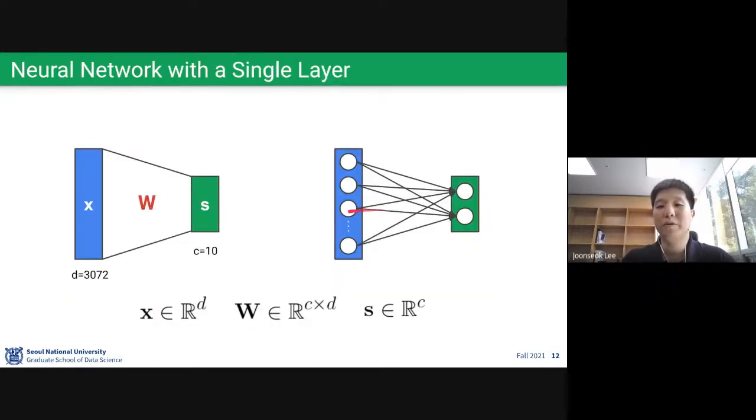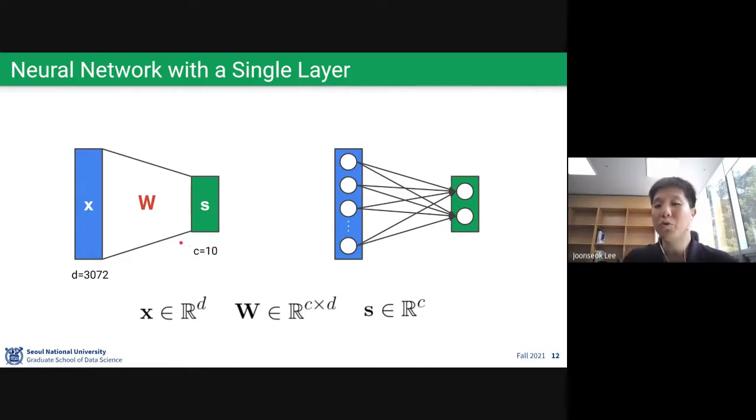And we denote this in these kinds of forms. Suppose we have an input vector x. For example, its dimensionality is 3072, which is the image size. And we have the weights, which map this x to the number of classes or the output size, which is 10 in this example.